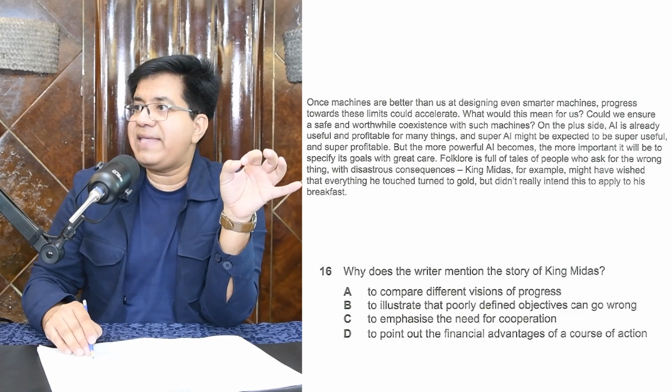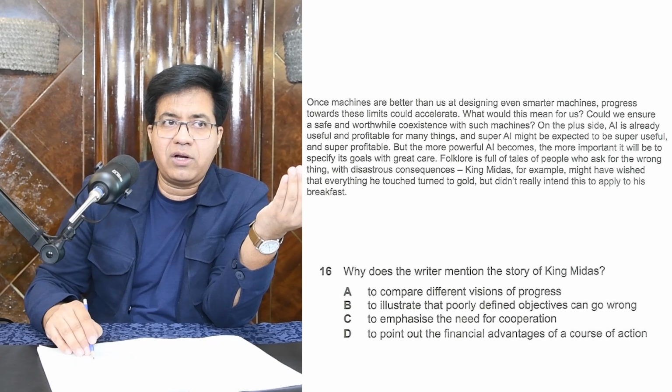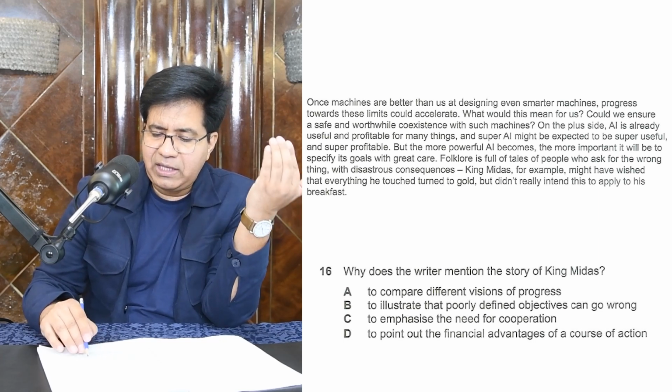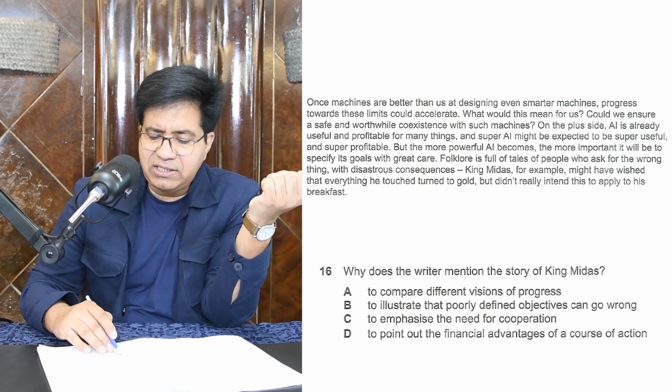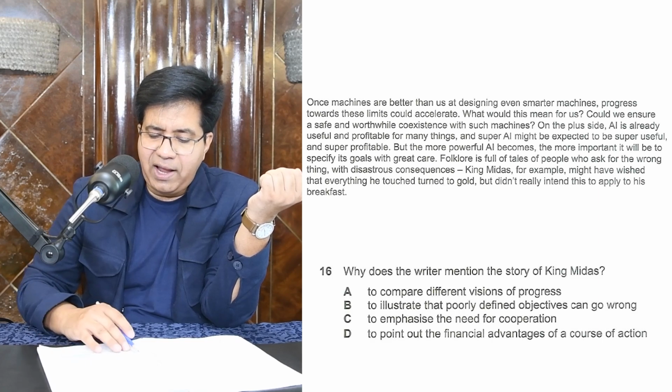King Midas, for example. So why is he giving this example of King Midas? People ask for the wrong thing with disastrous results. King Midas, for example, might have wished that everything he touched turned to gold, but didn't really intend this to apply to his breakfast.